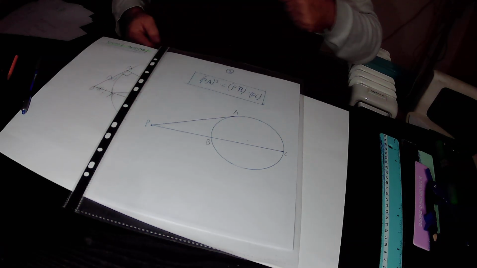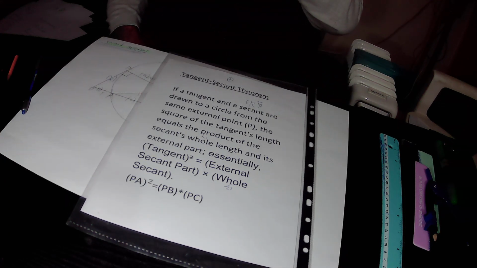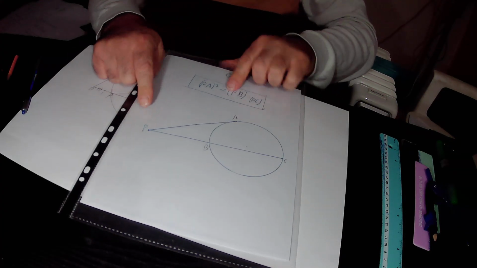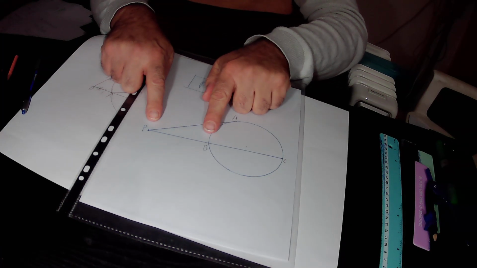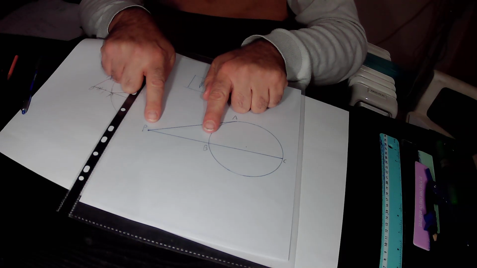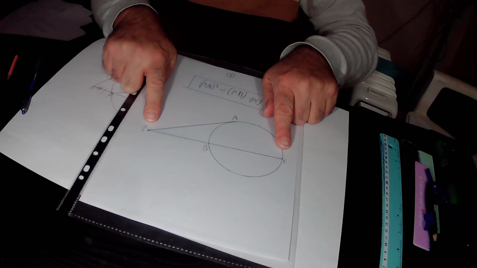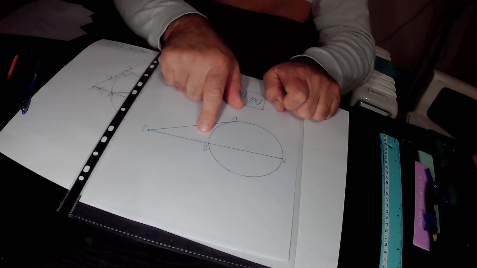So the following equation holds: the square of the tangent length, that is PA squared, equals the product of the external part of secant PC, that is PB, times the whole length of this secant, that is PC. Again, PA squared equals PB times PC.